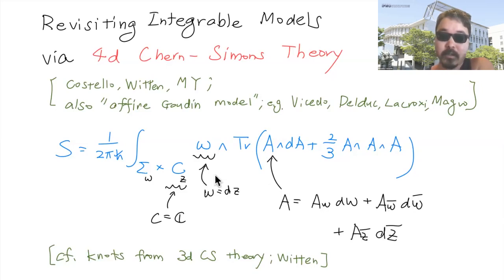Because of dz, there are only three components of the connection, but otherwise it's almost like a 3D Chern-Simons, except that the geometry is of the form two-manifold times two-manifold. The sigma part is where you get the two-dimensional integrable field theory in my story, and the C is the part which geometrizes the spectral curve, the spectral parameter of the integrable model. In a sense, the approach to integrable models from 4D Chern-Simons is a precise analogy to understanding knot invariants from three-dimensional Chern-Simons theory.